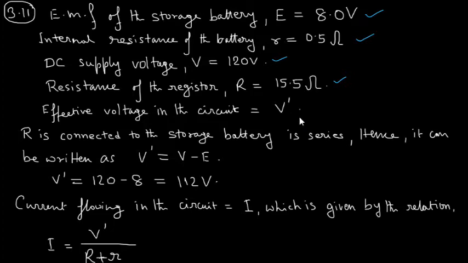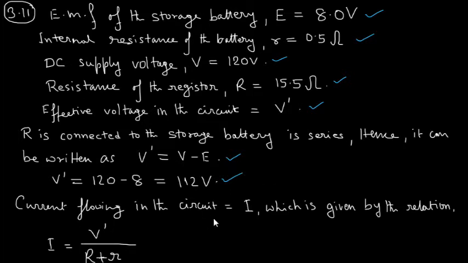Effective voltage V dash: R is connected to the storage battery in series, hence V dash is equal to V minus E. Putting the values of V and E as 120 and 8, we get 120 minus 8, that is 112 volt.